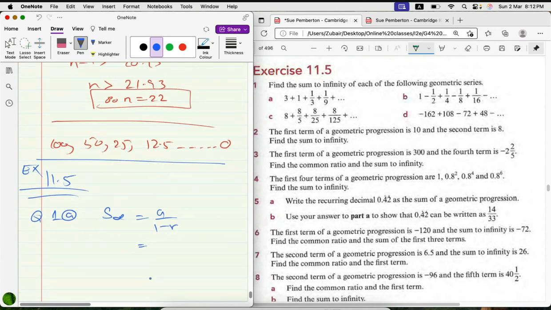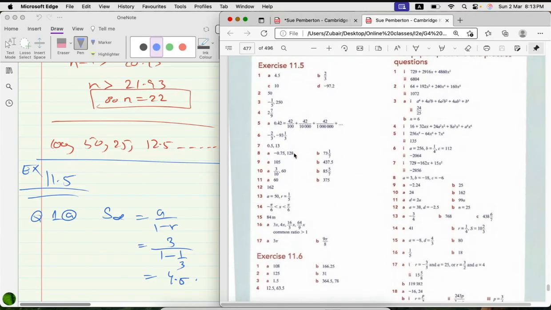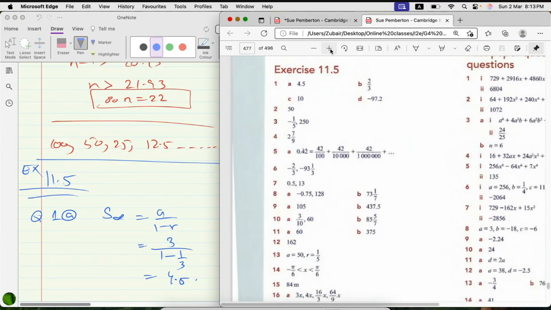We can see the first term is 3, and r is the second term divided by the first term, so r is 1 by 3. Using the calculator, 3 over 1 minus 1 by 3, I'm getting 9 by 2, which is 4.5. Question 1 is 4.5.